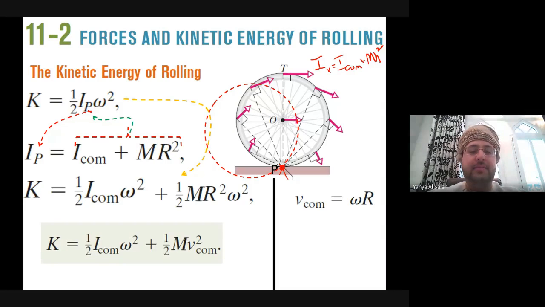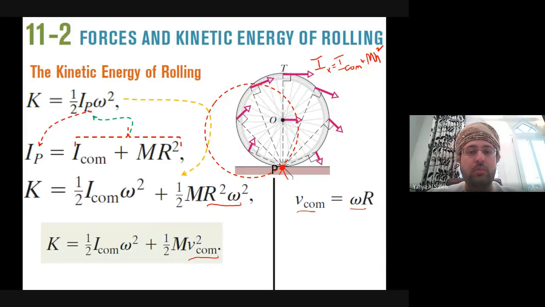I can rewrite this as kinetic energy equals half I_com omega squared plus half m r squared omega squared. Knowing in advance that v_com equals omega r, and I have here omega r squared, so omega squared r squared, I can rewrite this as m v_com squared.